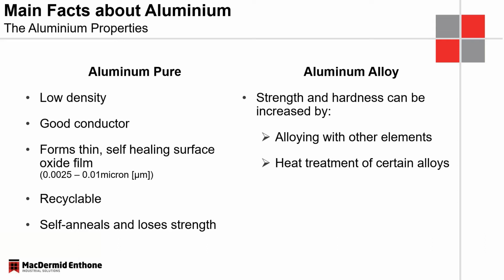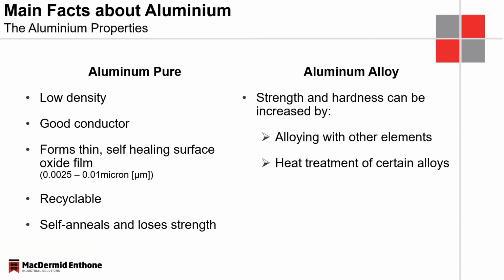So anywhere where we need electrical or thermal conductivity, aluminum is a very good material to use. It protects itself through an oxide layer that occurs naturally on the surface, and when removed through scratching, it will actually self-heal, self-protect itself. It's a very thin oxide layer with a limited corrosion resistance, but it's one of the benefits of using aluminum.